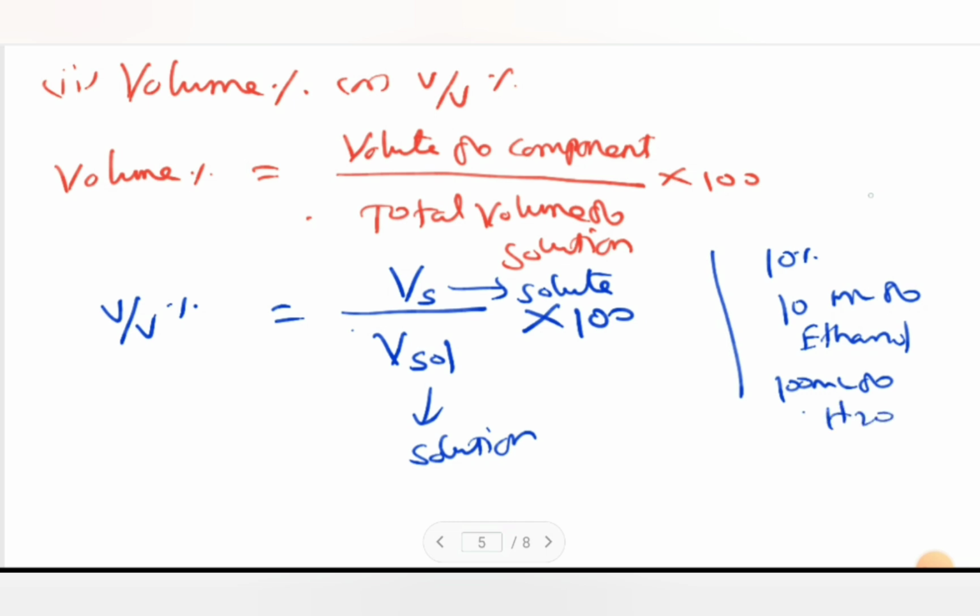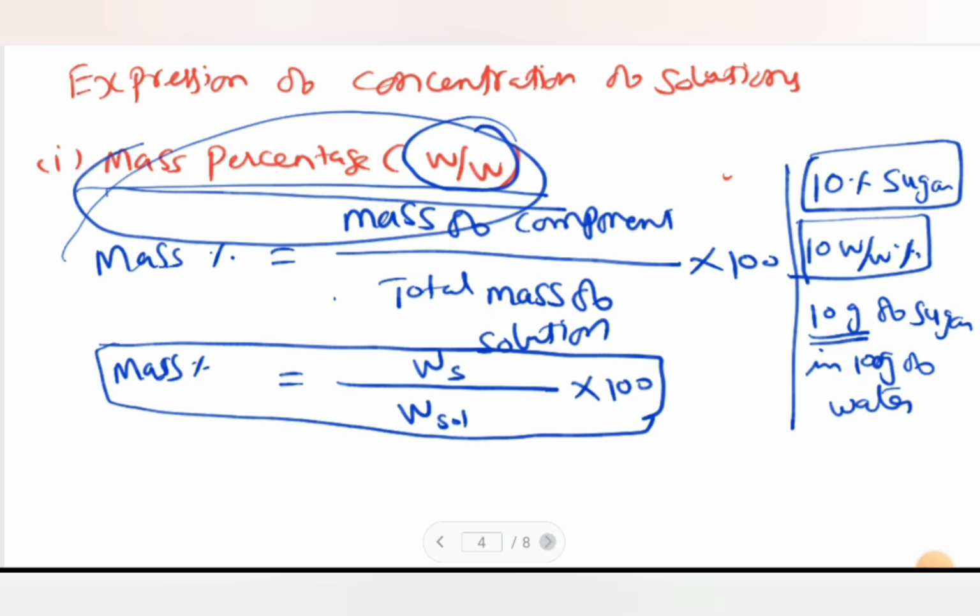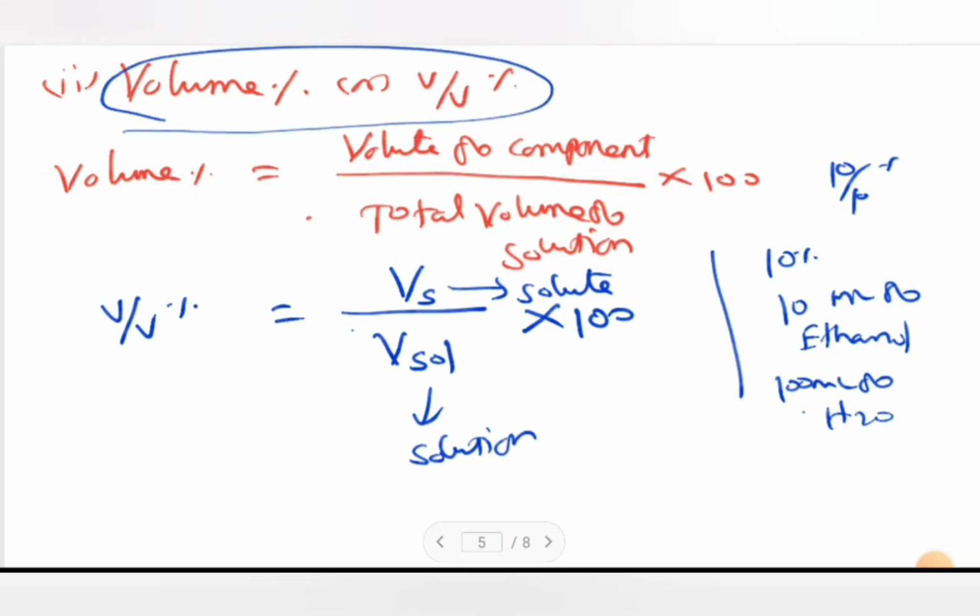So in the previous example also, if they say only 10 percentage, it means that they have taken 10 gram of sugar in 100 gram of water, because percentage indicates the 100. So in that case, it is all about the gram weight, and in the case of a volume percentage, it is all about the volume measurement, right? Let's move on to the next topic.